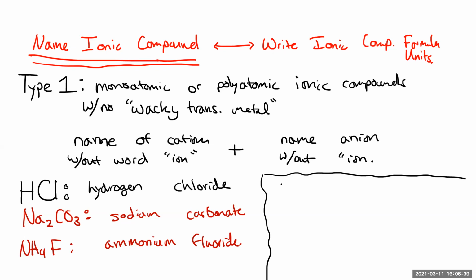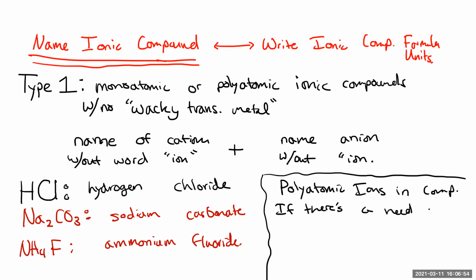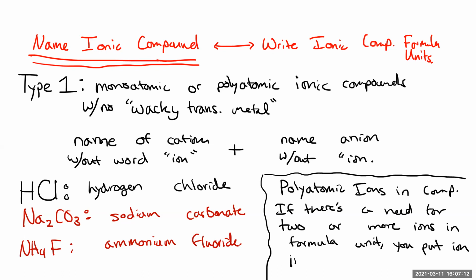One thing I do want you to keep in mind with polyatomic ions in compounds, if there's a need for two or more ions in the formula unit, you put the ion in parentheses, followed by a subscript of the number of ions.